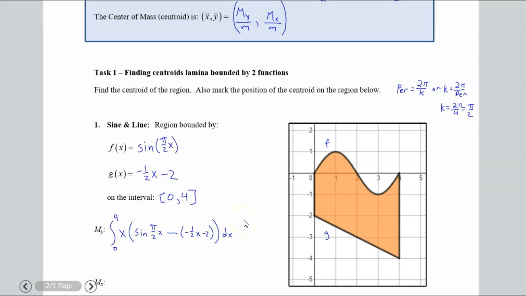So I'm going to go through and calculate these. Depending on the order you go in the class, you may or may not be able to figure out this integral. If you distribute the x, these will just be power functions, and you can do those pretty easily. But the x times that sine, if you haven't done integration by parts yet, you're not going to be able to figure that one out.